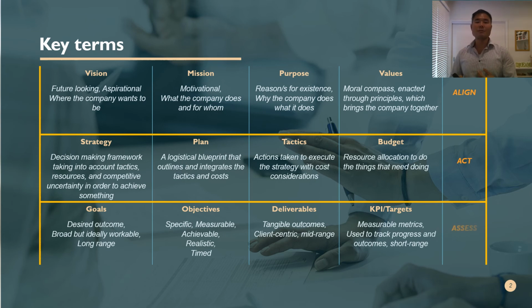KPIs and targets are the most specific aspect of this bottom rung of assessment. So KPIs, or key performance indicators, are sometimes used interchangeably with targets. The difference between a target and a KPI is that a target is like a bullseye. So it's something you're specifically aiming for. It could be a specific time on your half marathon, right? Whereas a KPI will track your progress towards that. So it could take the form of timing if you're running other mock marathons before that, or it could be something like running 5Ks first, and then 10Ks a few weeks later, and then 20Ks a month later, right?